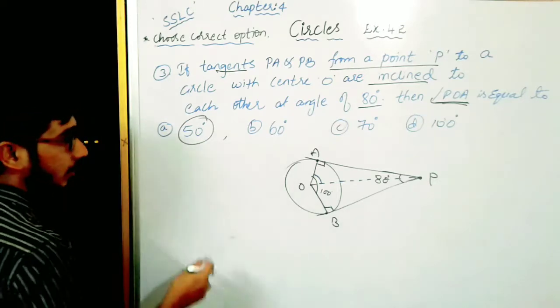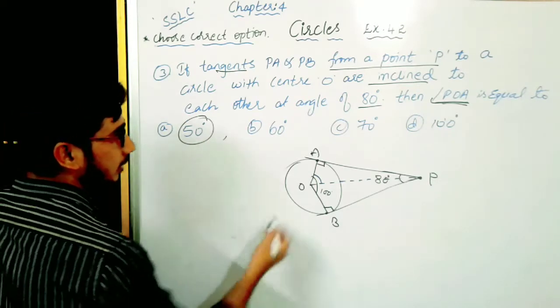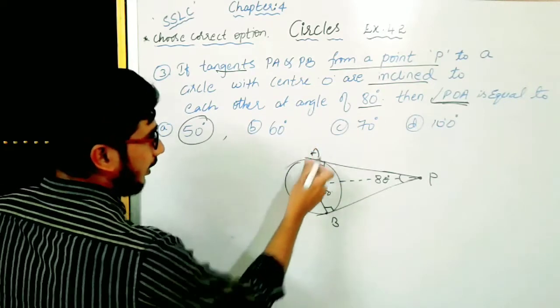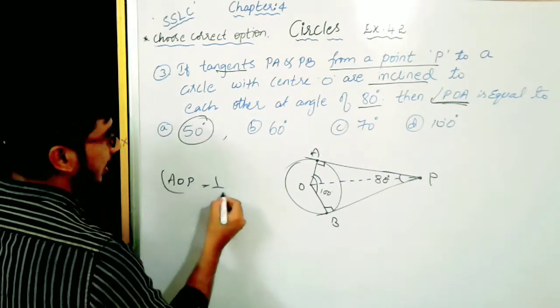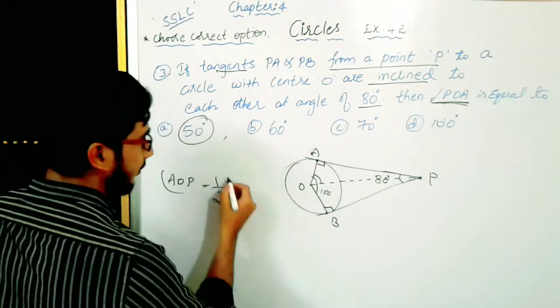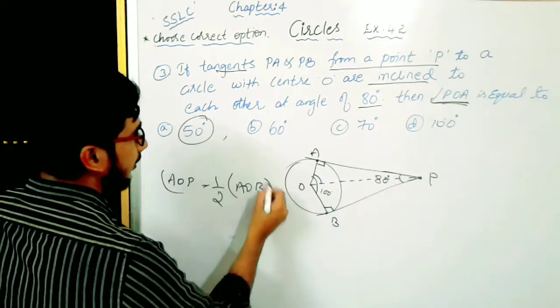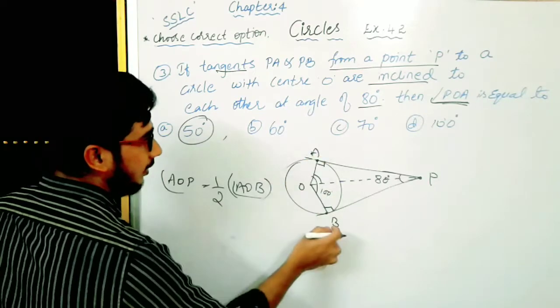So how will you be able to find it out? Angle AOP is equal to half of AOB. AOB is the complete angle. This full angle is how much?